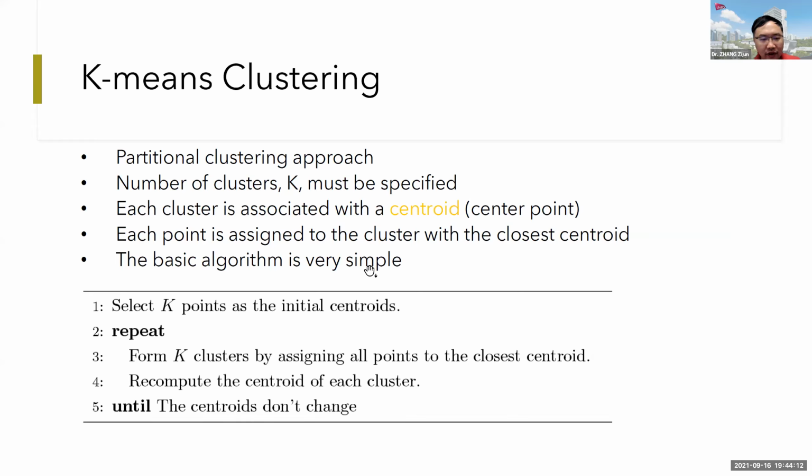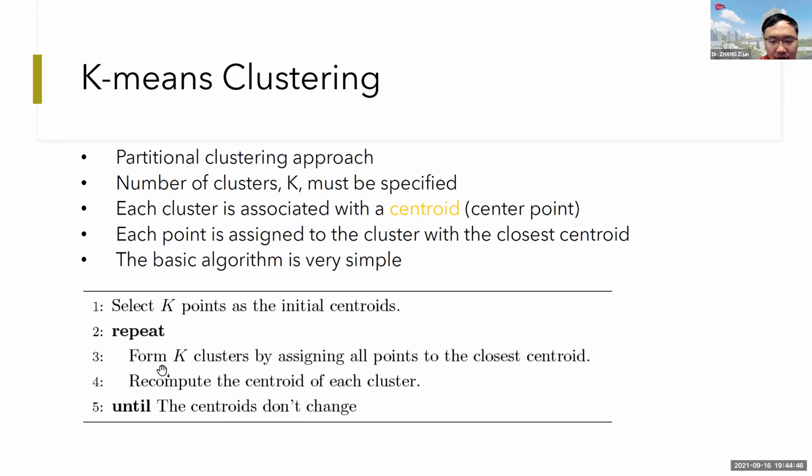So the basic algorithm is very simple. First, you need to specify K, and from the data set, you select K points as the initial centroids. Okay, you need to initialize. Then you repeat the following two steps. First, based on the preset initial centroids, you assign the data points to the closest centroids to form K clusters.